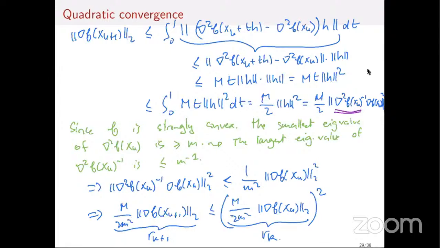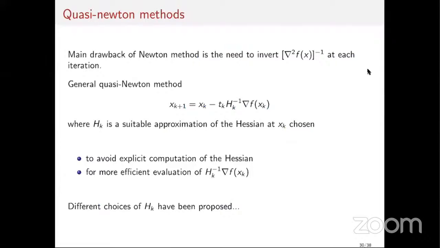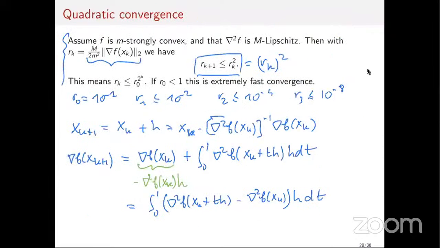So we've seen that Newton's method has a very good convergence property when started close enough to the solution. How do you see this local behavior? This is really when R0 is less than 1. R0 less than 1 means that the norm of the gradient has to be less than something, so you have to be close enough to the solution.